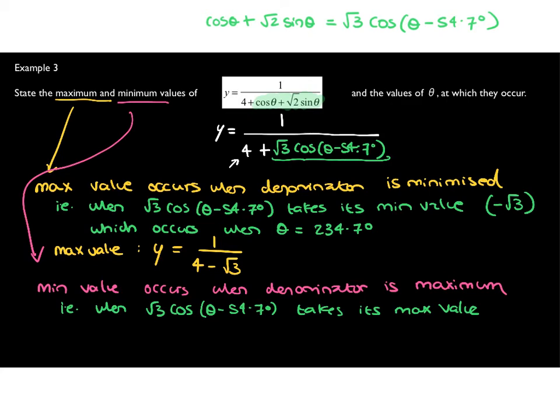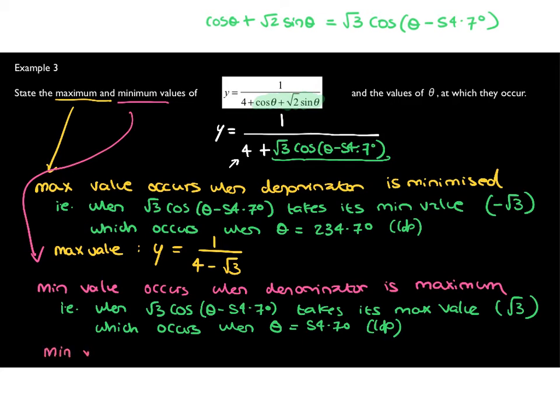So this takes its maximum value, which is √3. Now we know this occurs when theta equals 54.7 degrees to 1 decimal place, remember? Because of course you then end up with cos of 0, and cos of 0 is 1, so you end up with √3 multiplied by 1. So the minimum value of the overall reciprocal function is y equals 1 over 4 plus √3. So we make the denominator as large as possible.